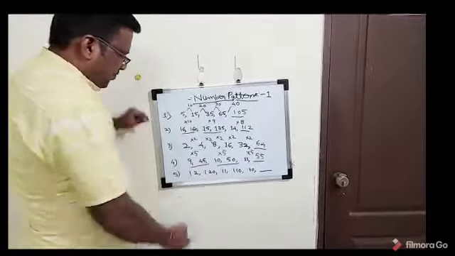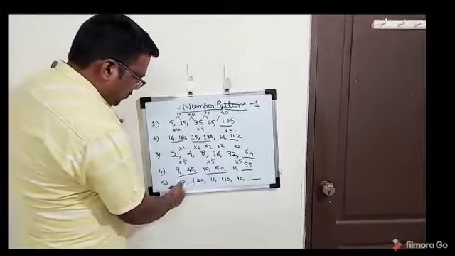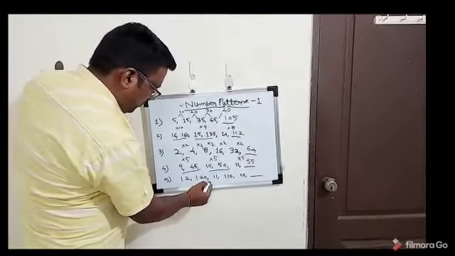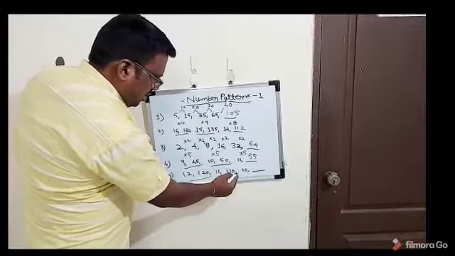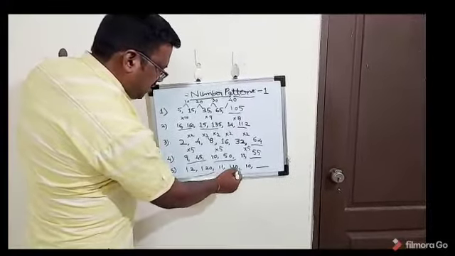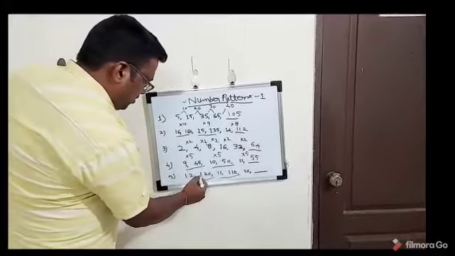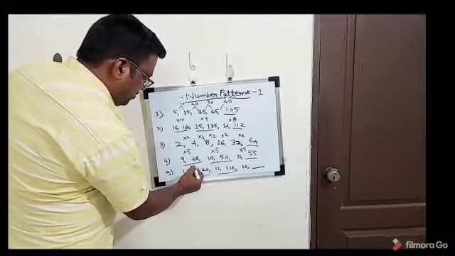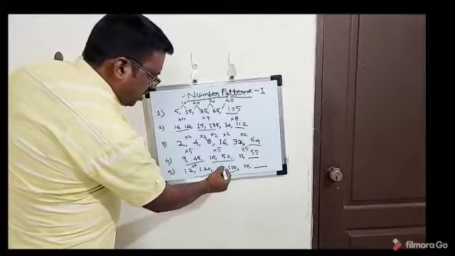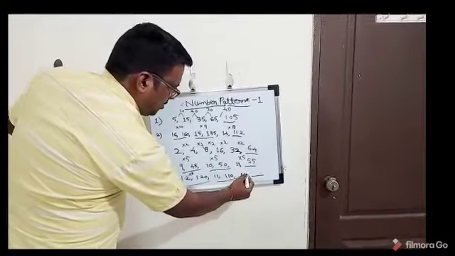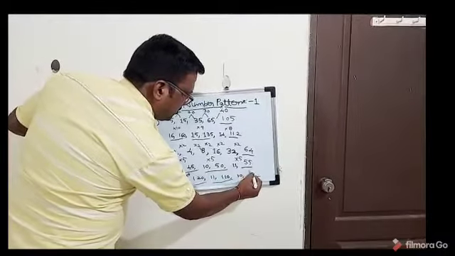And the last problem is given as 12, 120 and 11, 110. What will be the answer? The logic is simple. 12 times 10 is 120. Similarly, 11 times 10 is 110, and 10 times 10 is 100.